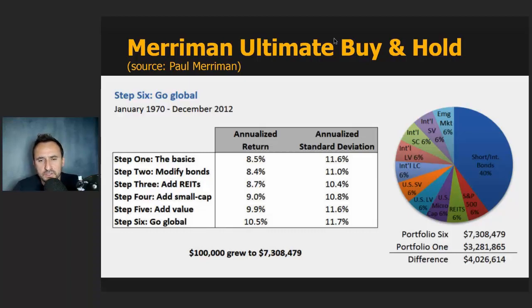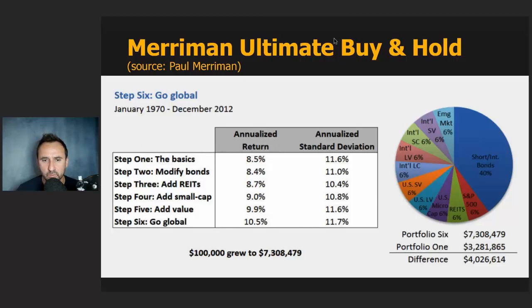In the first step, he just puts a simple classical 60-40 approach, meaning S&P 500 in the place of stocks, and bonds. The standard deviation is, as we can see, 11.6 and the return 8.5 per year annually over that period. And now Paul, in the subsequent steps, is trying to improve that portfolio, so having no more risk but a better return.